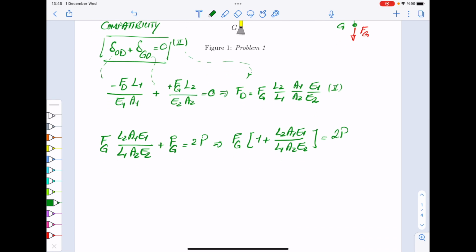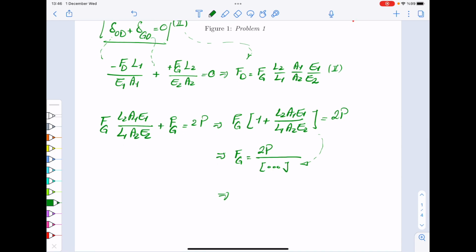And now you can immediately establish a relation between FG and P. So this tells you FG equals 2P divided by this bracket. Or if you simplify it a little, you get FG equals 2P L1 A2 E2 divided by L2 A1 E1 plus L1 A2 E2.